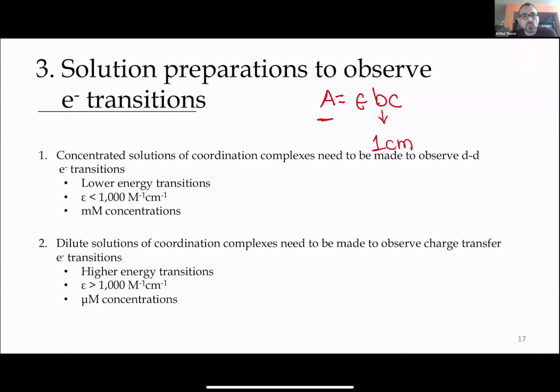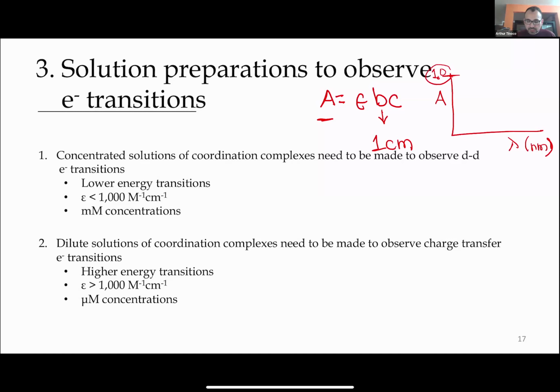And so when you want to then visualize in your spectrum, you're going to have your absorbance and your wavelength. And I think you're typically taught that you should see things up to an absorbance of 1. Okay, so thinking about that, how are you going to see something in an absorbance in that range?